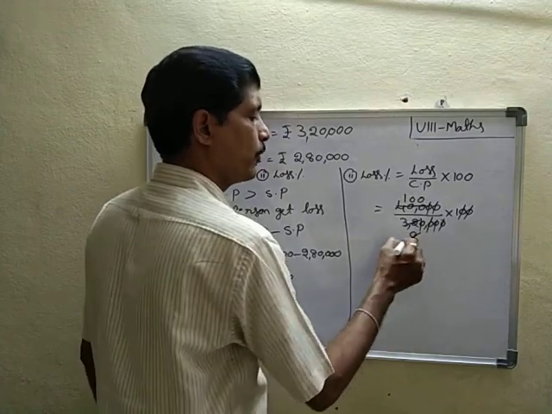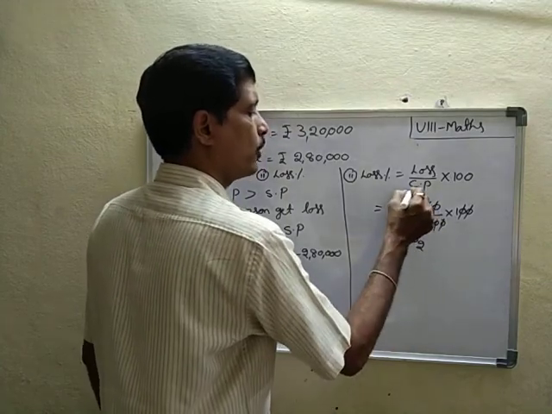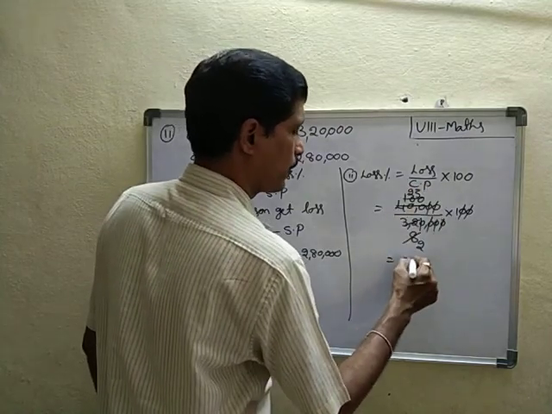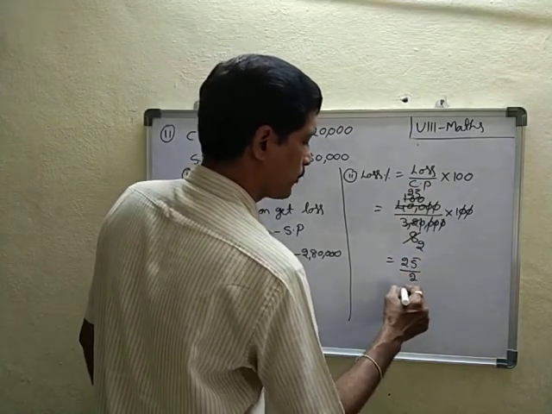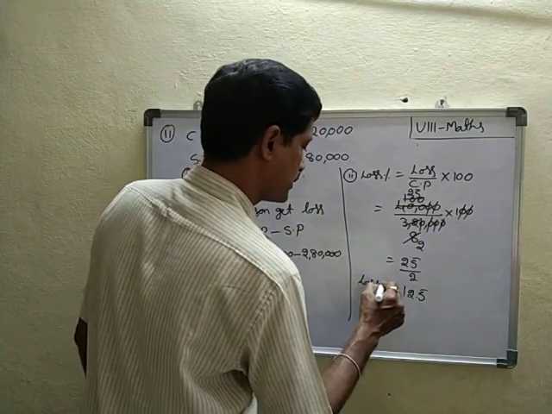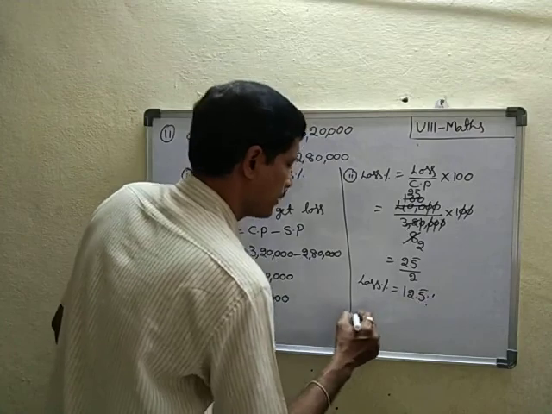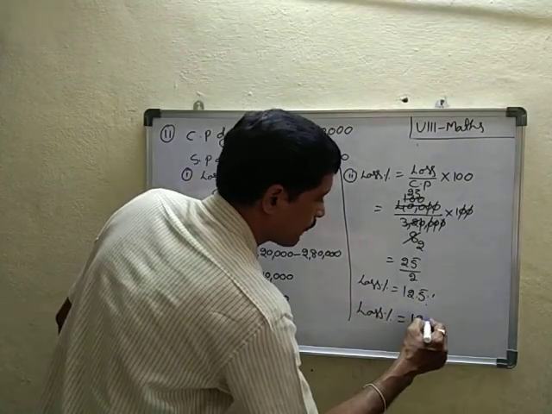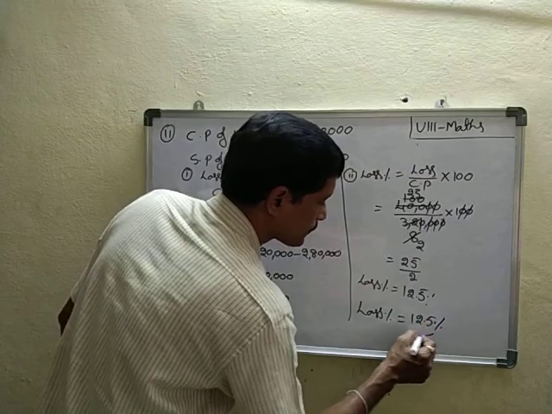Again 4 table, 4 2s, 4 25s. Therefore 25 by 2 equals 12.5. Therefore loss percentage equals 12.5 percent.